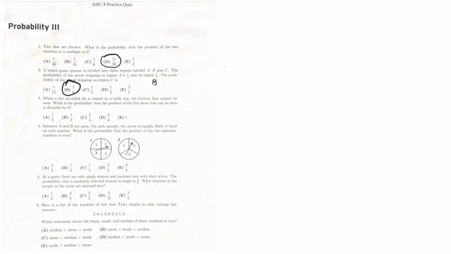Divisible by 6 means divisible by 2 and 3. So in case 1, if the face 6 is on the bottom, then the top 5 will be 1, 2, 3, 4, and 5.